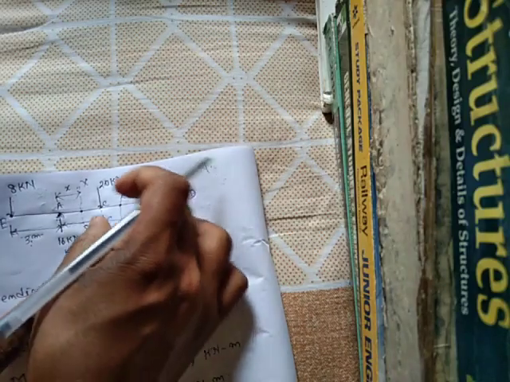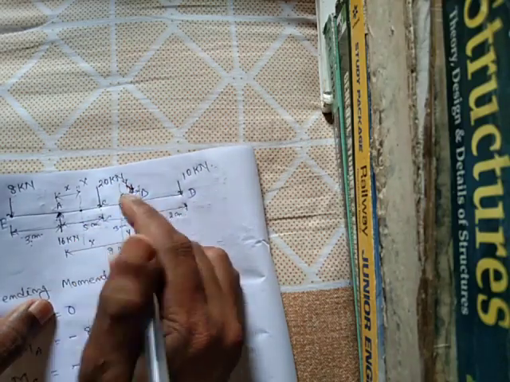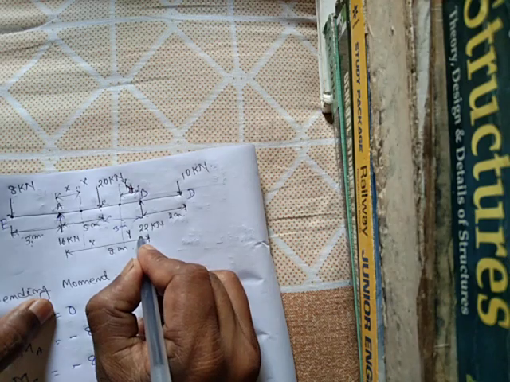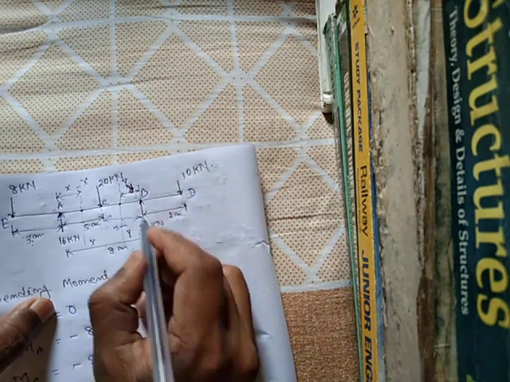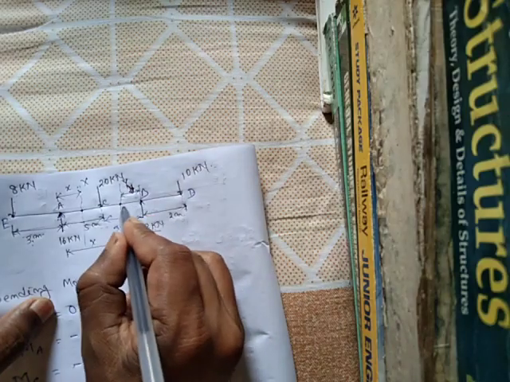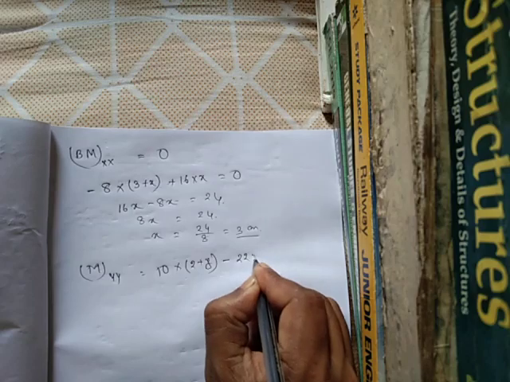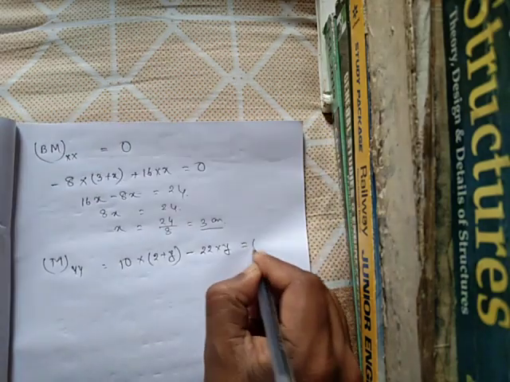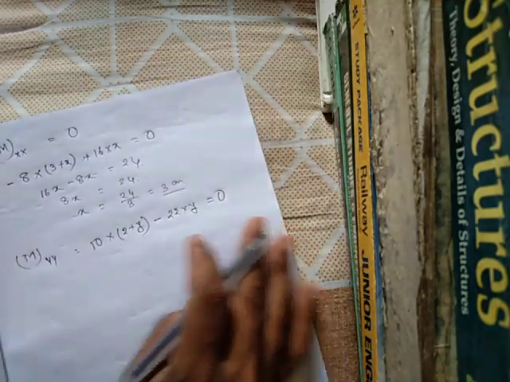By the reaction force of 22 kilonewton, it is anti-clockwise, that means negative, 22 into perpendicular distance y. This equals 0, because at a point of contraflexure the bending moment is 0.